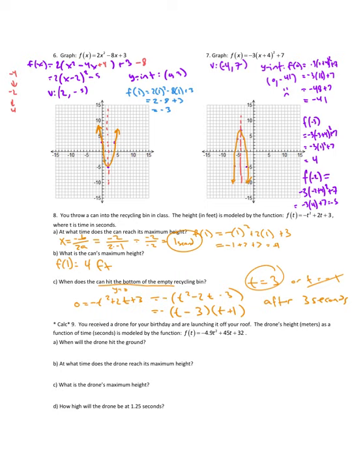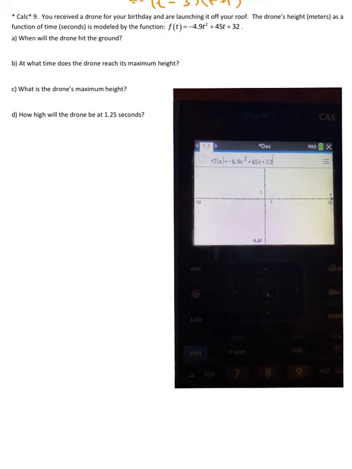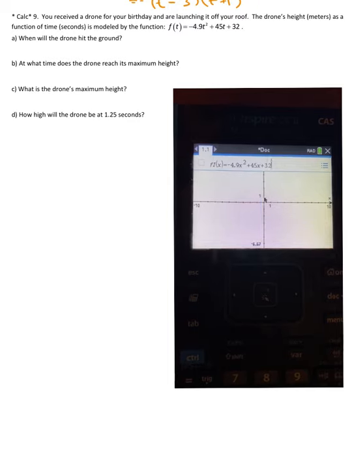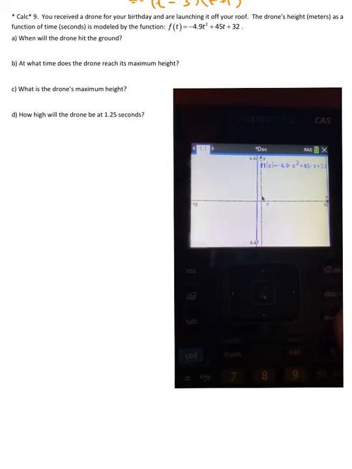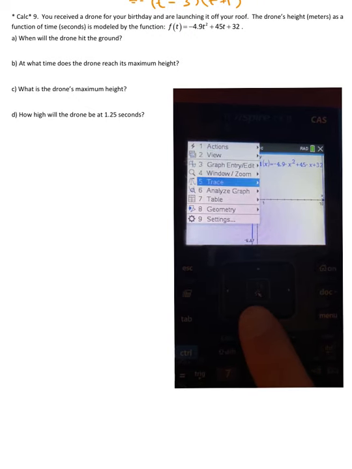Number 9, same idea, but we would do it on the calculator. You could find the max. You could use the solver. Let's put the graph up. Alright, so I got a video here. We're about to graph it. And what you can see is when you graph it, we need to do a few different things.